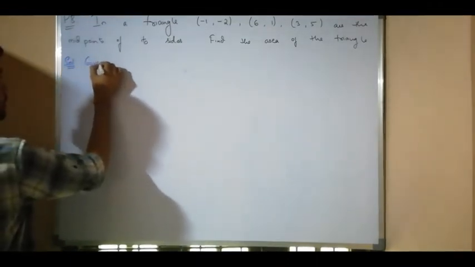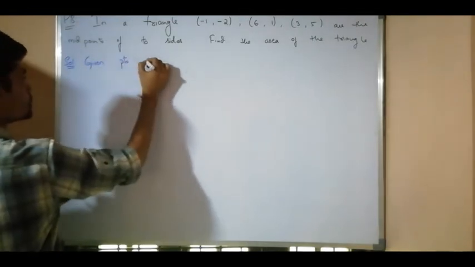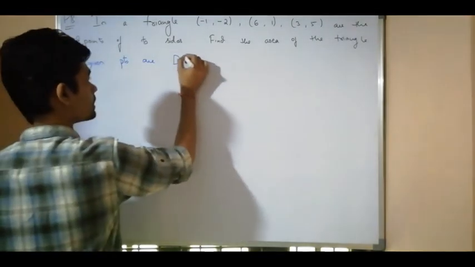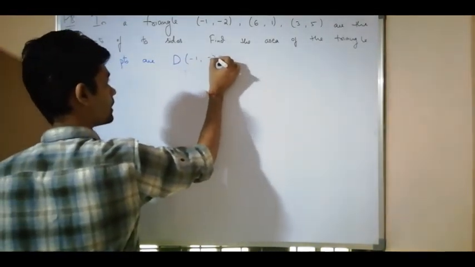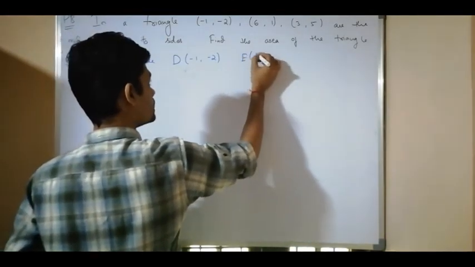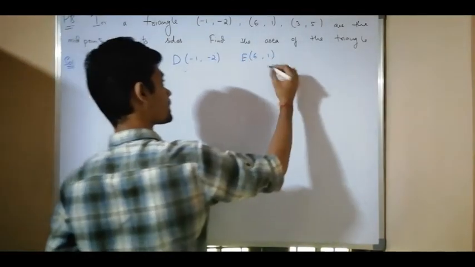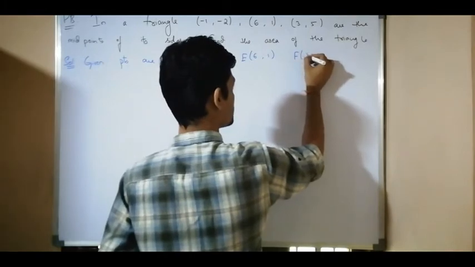Given points are D (-1, -2), E (6, 1), F (3, 5).